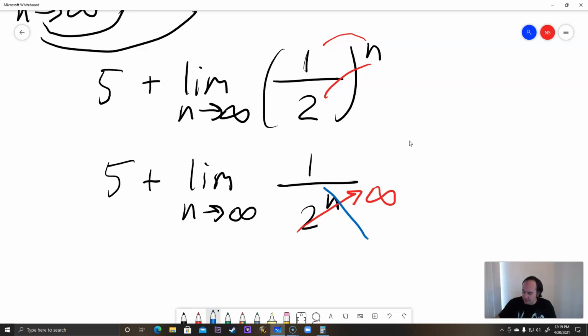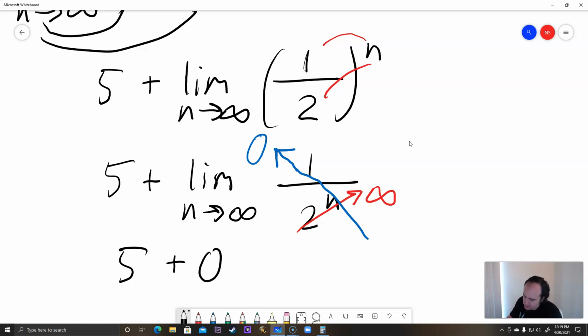So this whole limit is going to go to 0, because you have that finite number on the top, and on the bottom you're going to infinity. Because the denominator becomes infinite, the numerator becomes infinitely small, and it goes to 0. But you've seen that many times before. So here we just have 5 plus 0, which is 5.